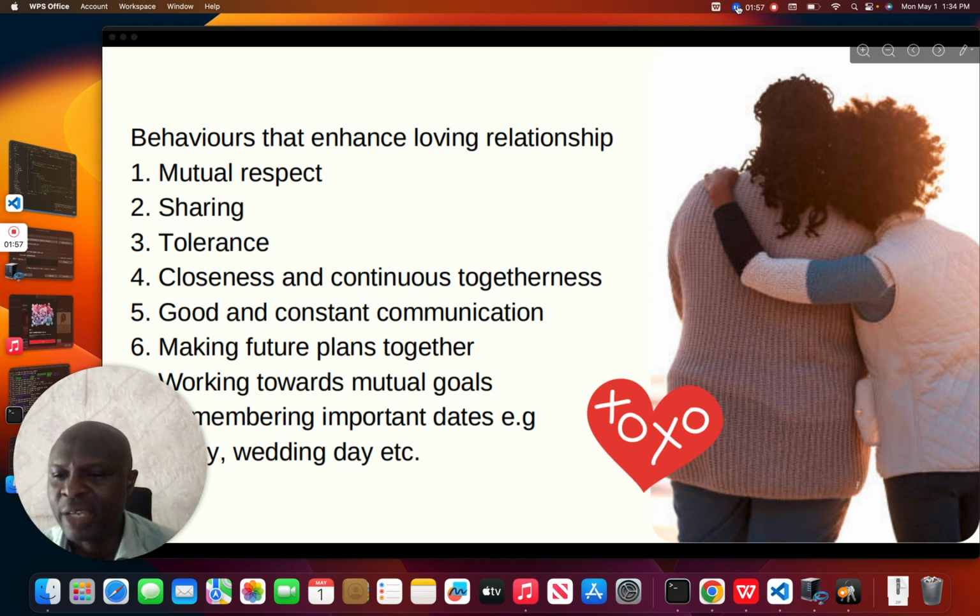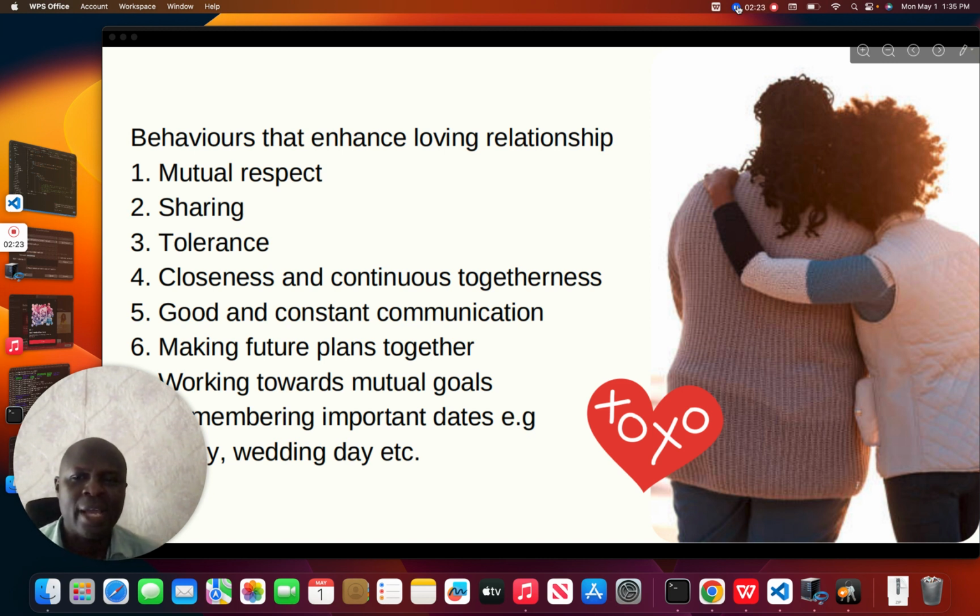When you say you are in love with somebody, there must be mutual respect, because that person that loves you really cares about you, and that's the reason why that person is appreciating you, relating with you, and trying to do things in common with you.